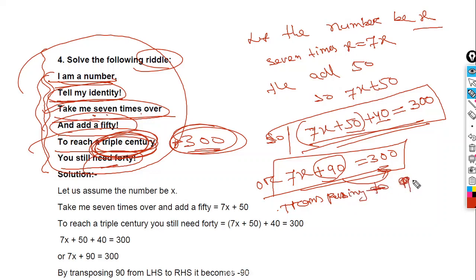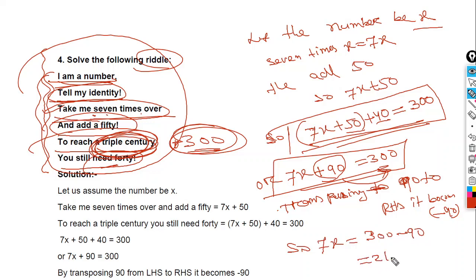Transposing 90 to the RHS, it becomes minus 90. So 7x equals 300 minus 90, which is equal to 210.